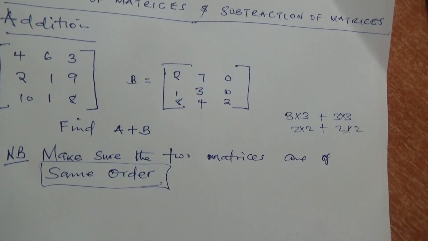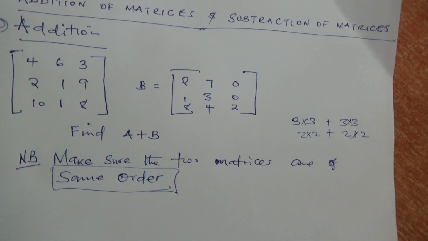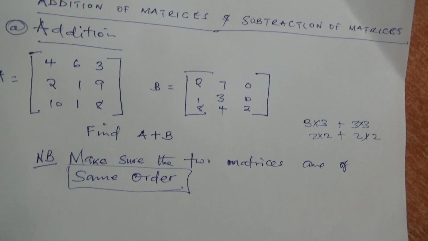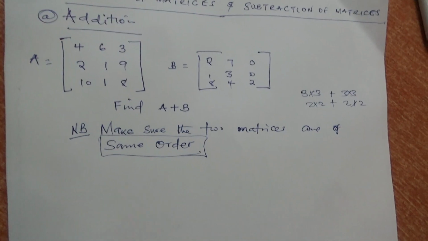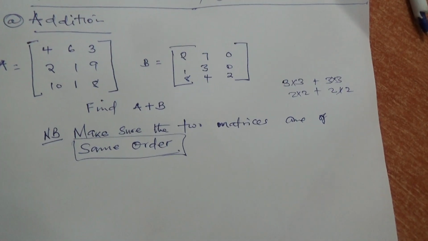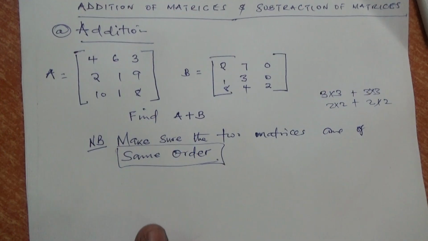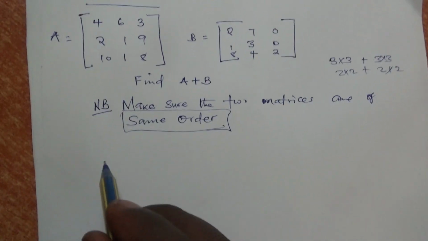You get? They must have the same order for you to add or subtract them. If they are not of the same order, then you cannot perform such an operation. Are we together? Good. Now, let's move on.